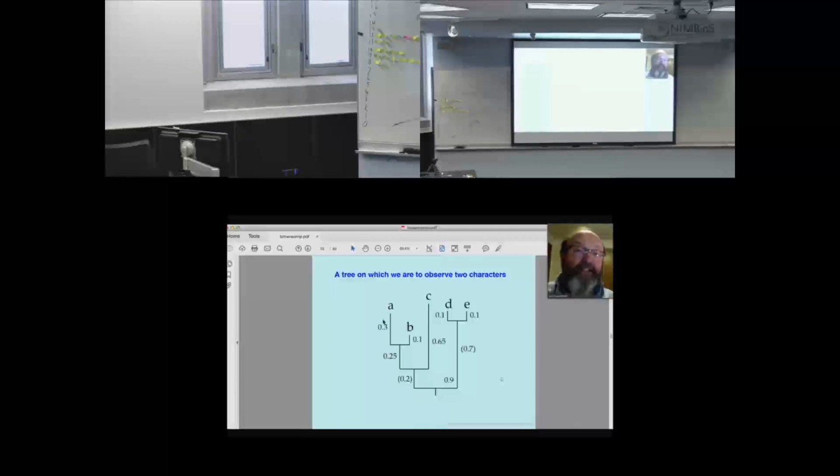Now we've seen that just using the tip values is not really a good thing to do. And it's not a good thing to do because the regression machinery that we were using in the previous slide assumes, if you look at the statistics, that each point is drawn independent and identically distributed from some distribution. That's the common assumption of all kinds of regression and lots of other multivariate methods.